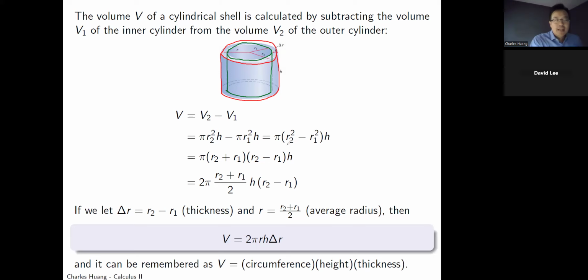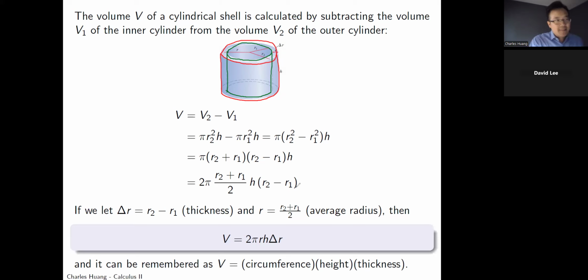Now, of course, the pi and the h are the same. It's really the difference of the radii squared. And I can write it as the two radii added together, times the two of them subtracted from each other: the difference of squares.